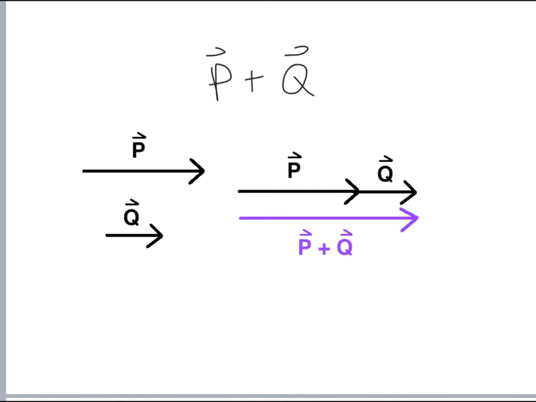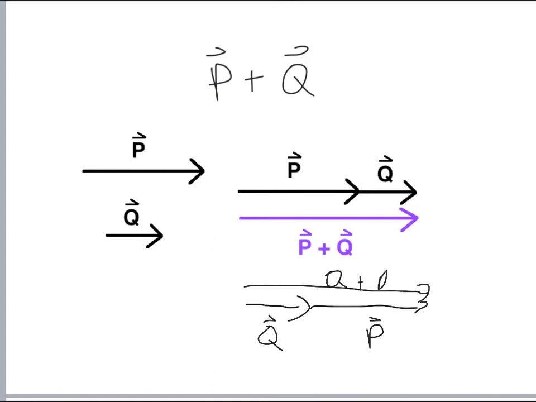So I could draw the Q vector and then the P vector, and then I could draw Q plus P, and that would be the same vector sum. So you just do the tail to tip and it'll work every time.